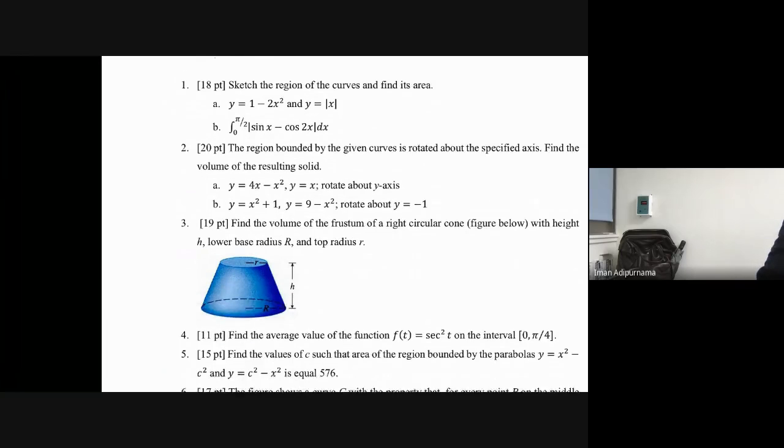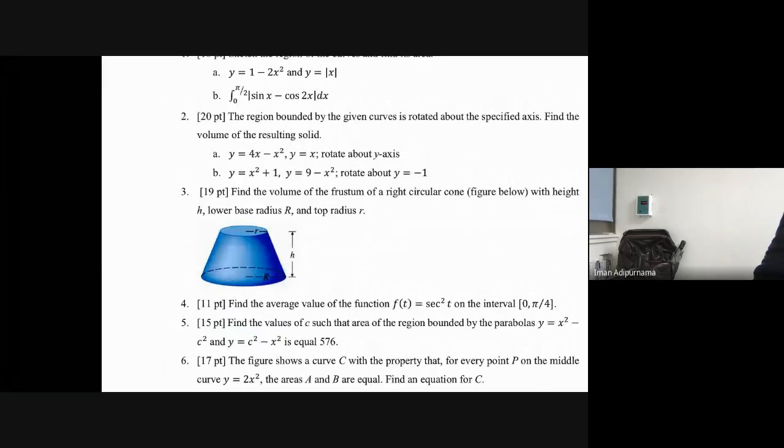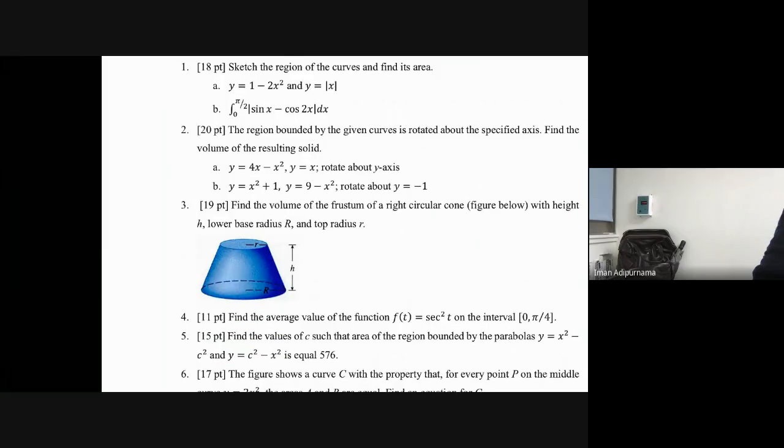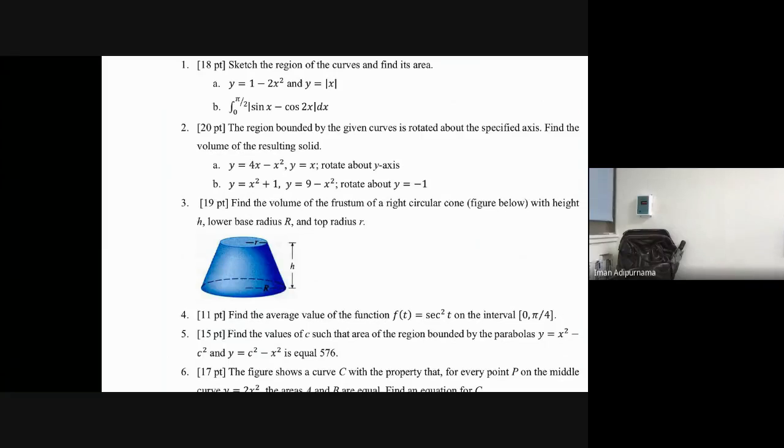the easiest question is actually number 4, right? And if you look at number 1 or number 5, number 5 is not too difficult if you are correct in all your equations.